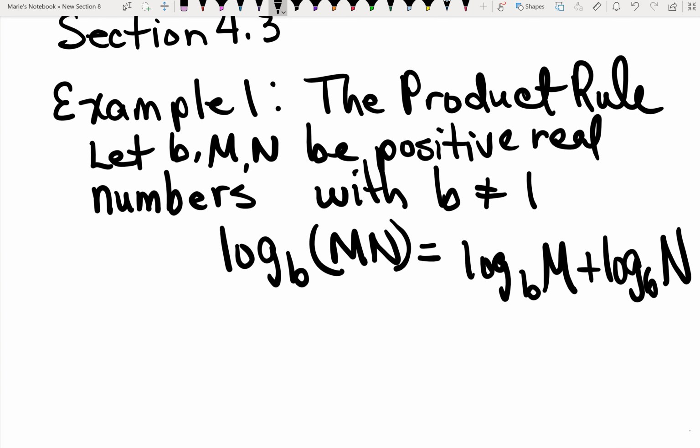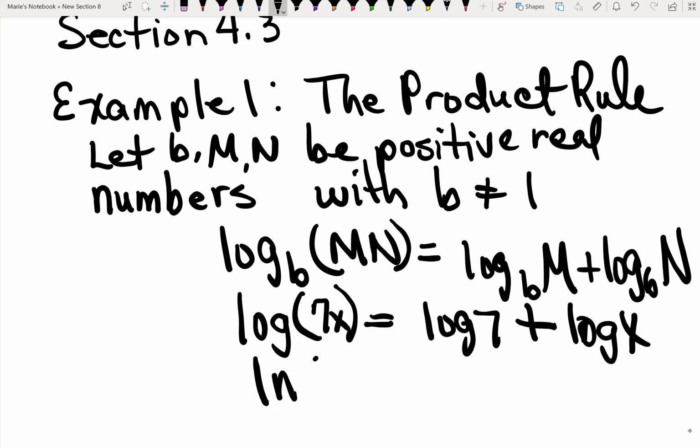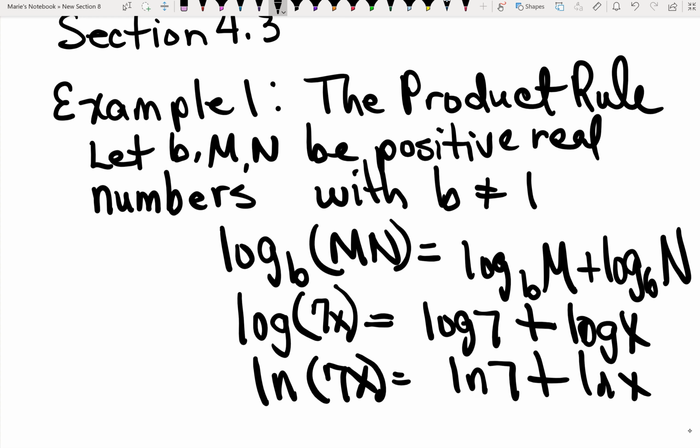So an example of this would be if I have log 7x, this is equivalent to log 7 plus log x in this case. Same thing would apply if it's natural log, so I'll just show you natural log together. This is equivalent to natural log 7 plus natural log x.